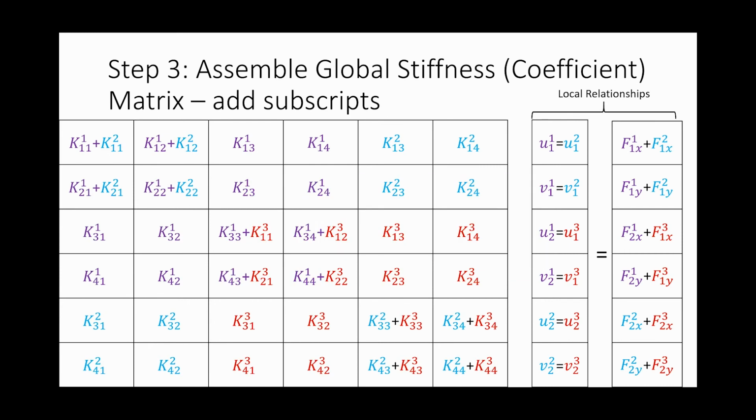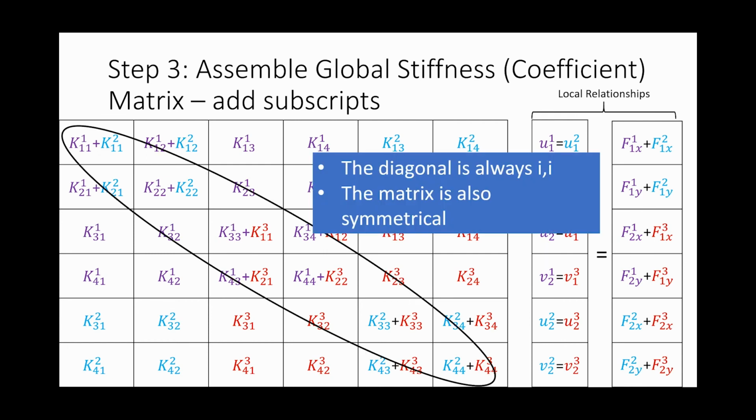Again, we're asking ourselves what connects these 2 points from which end, remembering now that our element, which still has 2 ends, has 4 designations where 1 and 2 are one side and 3 and 4 are the other side. The diagonal is always a duplicate subscript, and our matrix is symmetrical. If you get a non-symmetrical matrix, you have done something wrong. Go back and check.